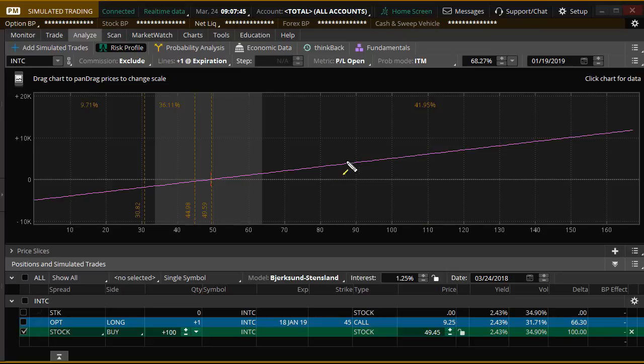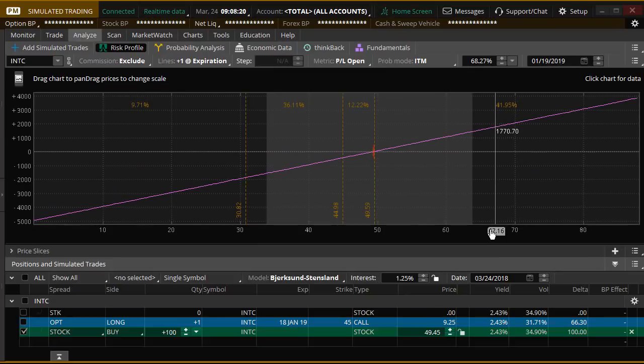If we were to place a stop loss here at 90, this part of the line right here would go away, and we would have a straight across line right here. That straight across line is just nothing more than the prices being capped. We've cut the risk off of this trade.